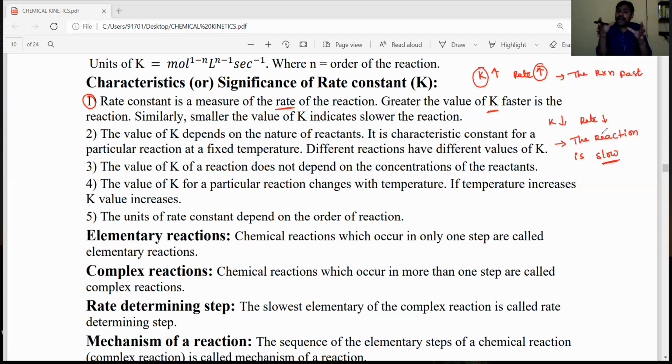If the K value is greater, the reaction is very fast because the rate of reaction is increased. Such reactions are called fast reactions. And if K value decreases, then the rate of the reaction also decreases, and such reactions are slow reactions. Okay, let's see the second point.